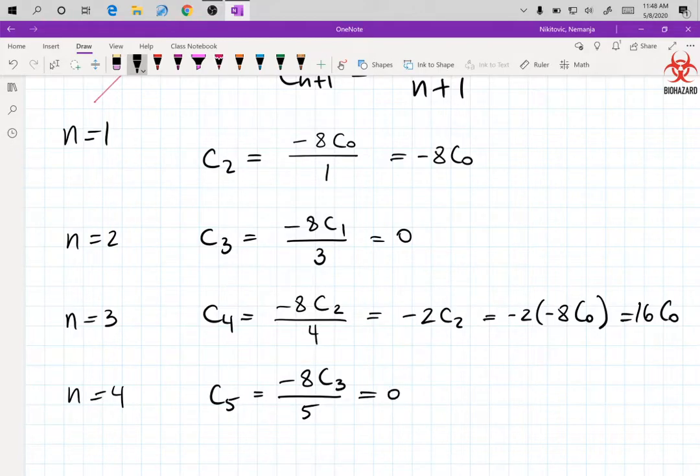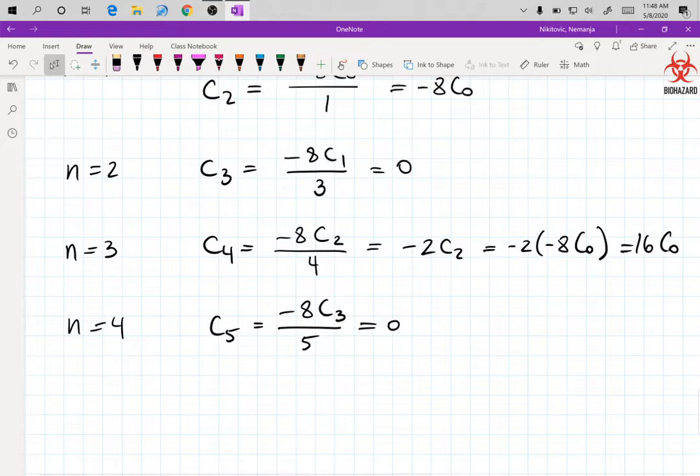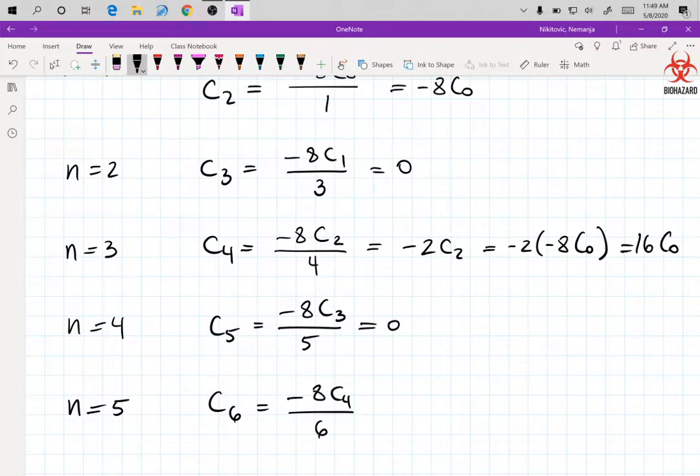So now you see that every second term is surviving. So c6 is negative 8 c4 divided by 6. That is negative 4 over 3 when you cancel. Not supposed to cancel, but such is life.